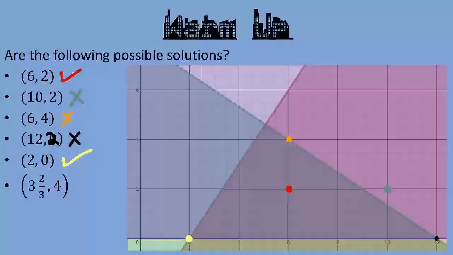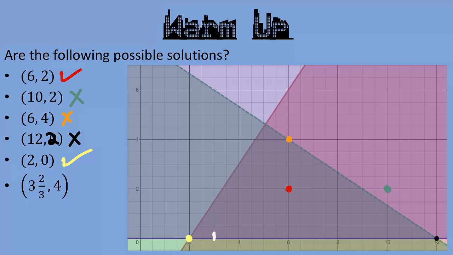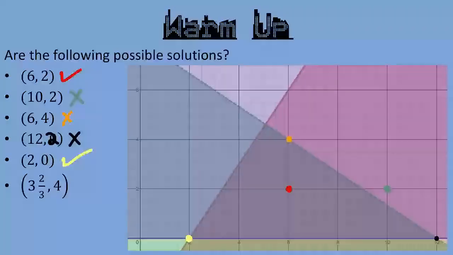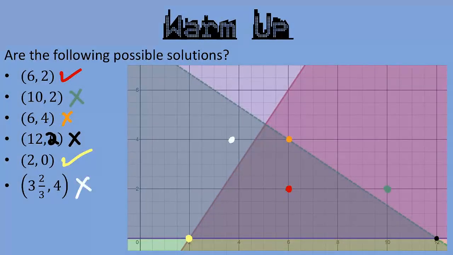Well, all right. Let's see, (3 2/3, 4). If this is 3 and this is 3.5, then 3 2/3 would be somewhere right about here. 4 would put us right about there. So (3 2/3, 4) is not a solution.